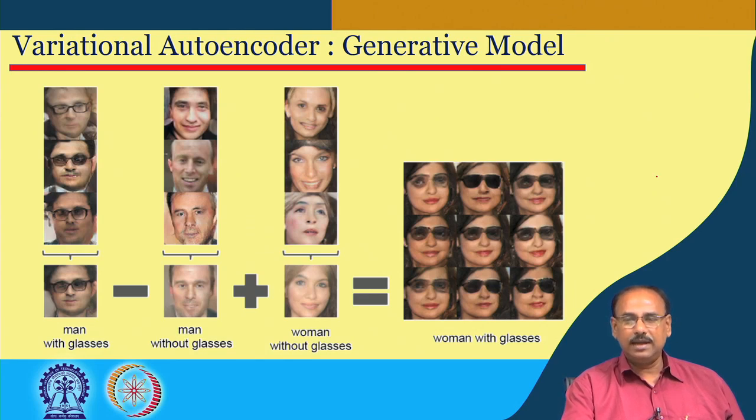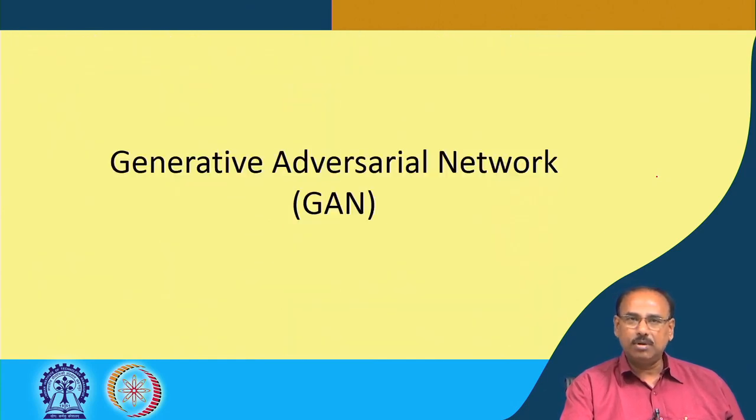Then you add the latent code of the glass with the latent code of women, and then you feed this latent vector to the generator network, and the generator network outputs faces of women with glasses. So, this is a nice trick where we can play with the latent codes in the latent space, and I can generate the output data in various combinations. So, that was our variational autoencoder.